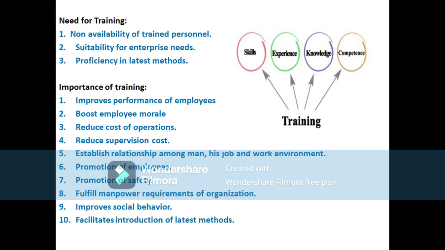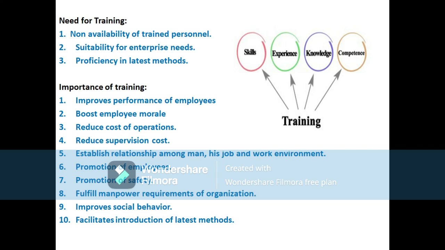Next, coming to the third one: reduce cost of operations. Training helps employees to perform their jobs efficiently. We all know that. It enhances efficiency by supplying adequate information to them regarding the job content, and also the methods and procedures to be used for performing the job.